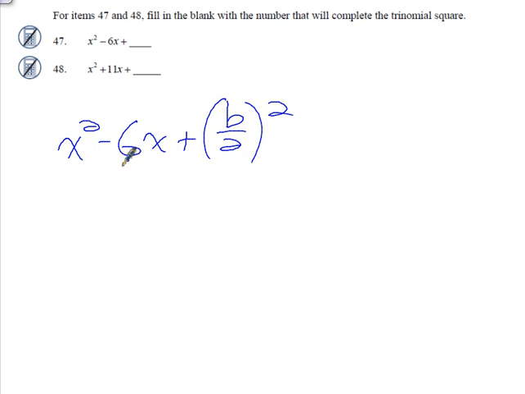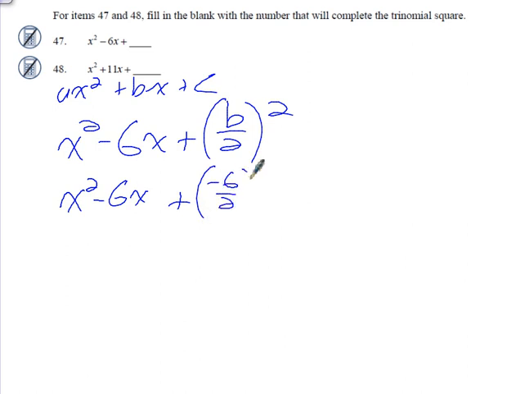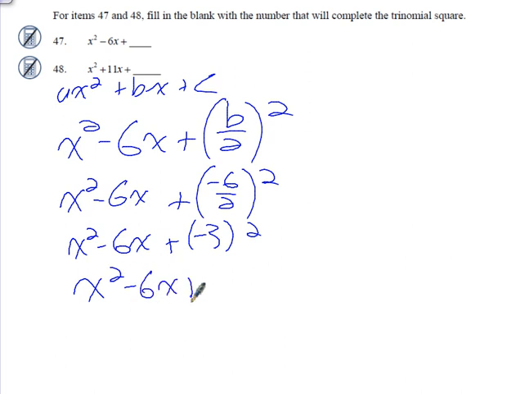So b, remember, this is in the form ax squared plus bx plus c. So b is negative 6, so I'm going to get x squared minus 6x plus negative 6 over 2 squared. x squared minus 6x plus, that's going to be negative 3 squared. x squared minus 6x plus 9.